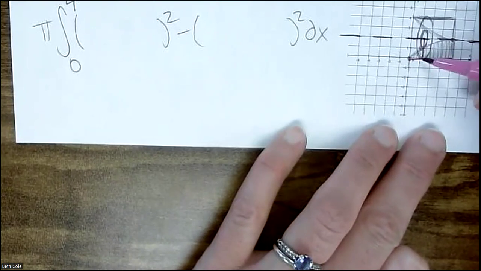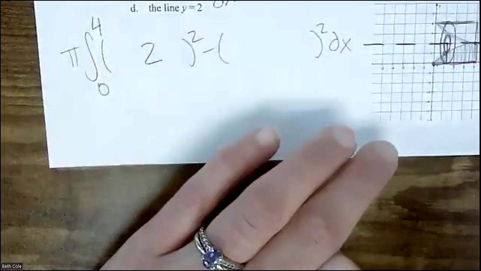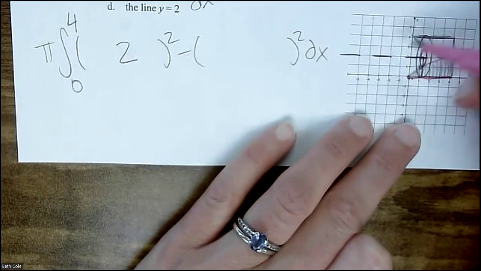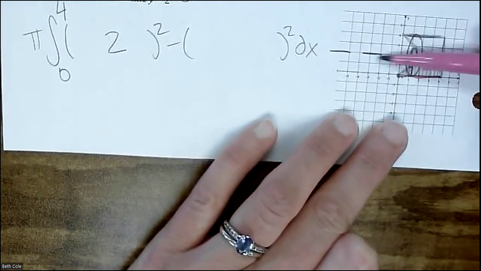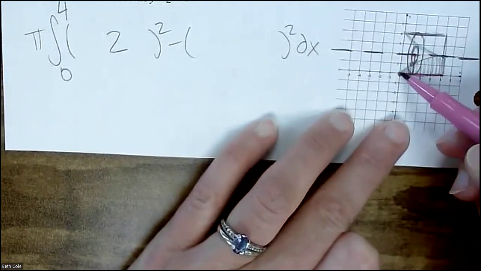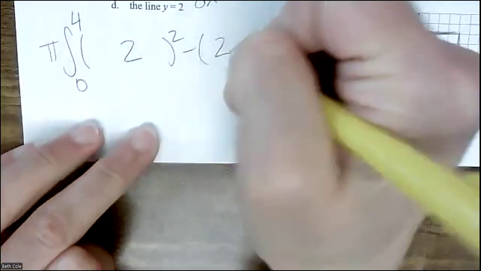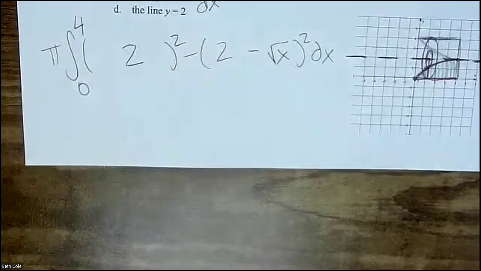It's just a number. 2, like your outer radius is 2. And then the inner one is upper minus lower. So the upper one is 2, that's your axis of revolution. So 2 minus square root of x. Good, you guys are getting it. Nice. So it's upper minus lower. There's a lot of 2's in that one.